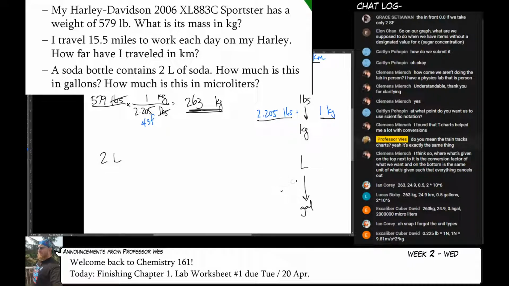I did this in the wrong color. Let's try this again. And I gotta look this one up because I don't know it off the top of my head. 1 gallon, 3.785 liters.